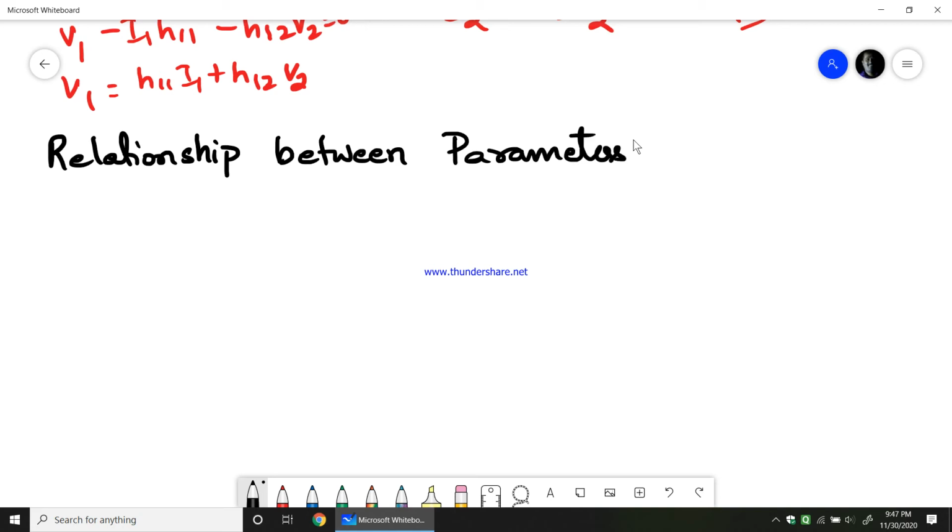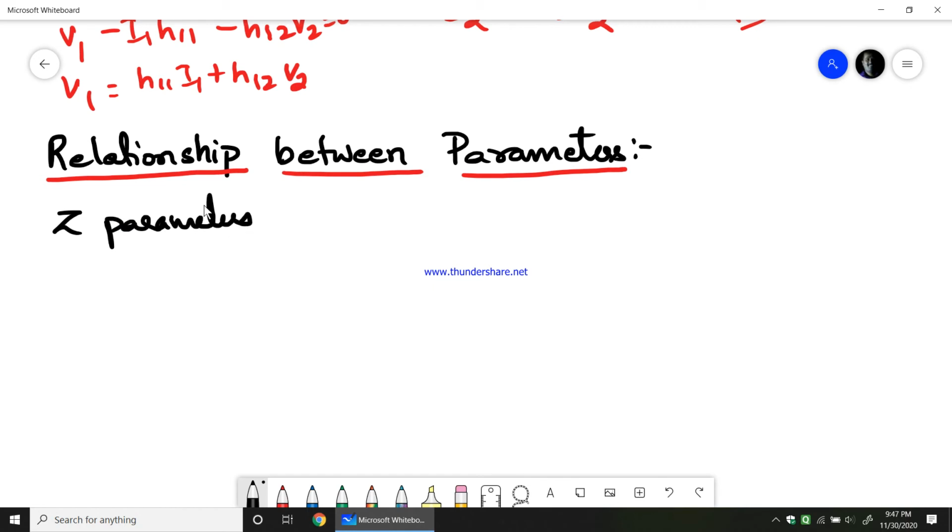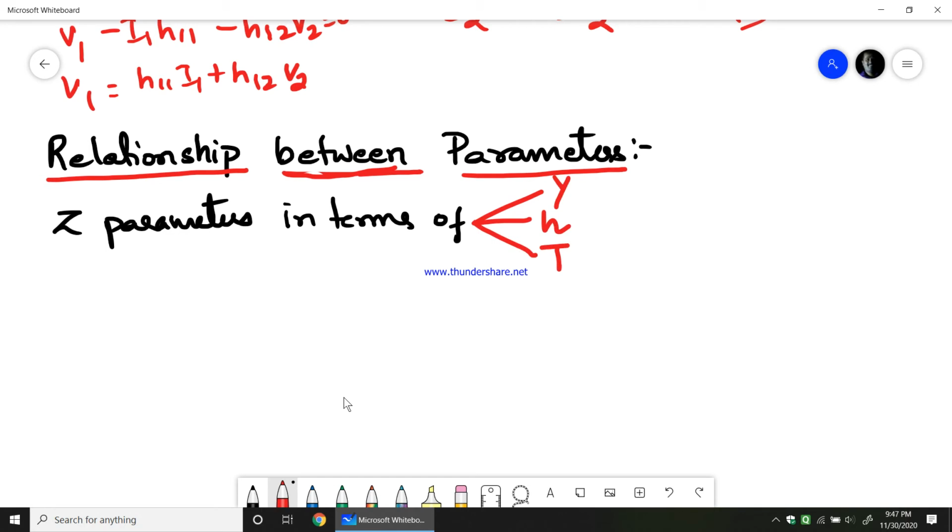So what we are going to derive here now is Z parameters in terms of Y, in terms of H, in terms of T. So you are going to derive Z parameters in terms of these three parameters.